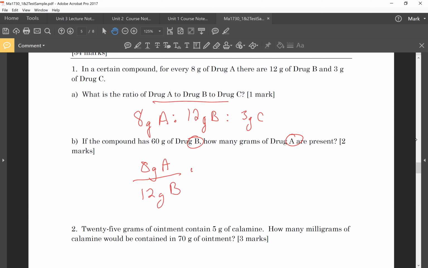That's our typical ratio. What we're trying to do now is see how many grams of A we would have if we had 60 grams of B. So we would cross multiply, and you would get 8 times 60 over 12 for your answer of 40 grams. Not too bad there.